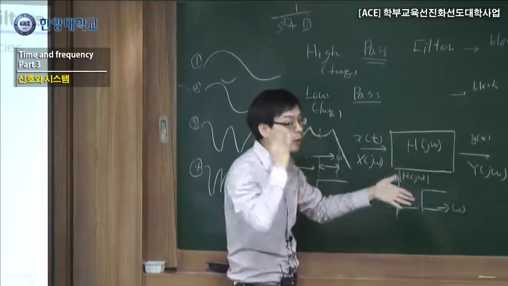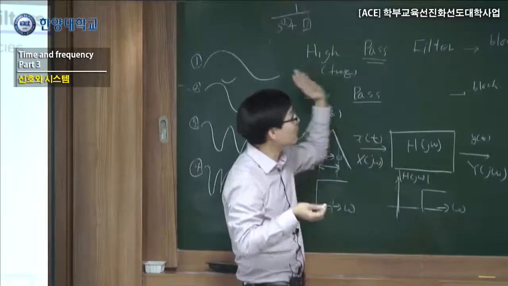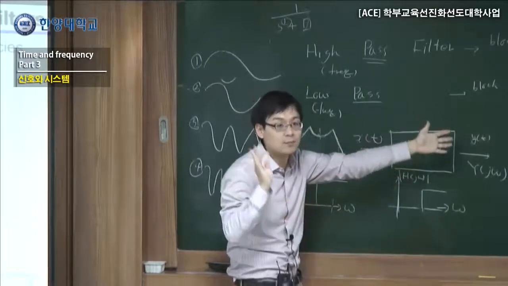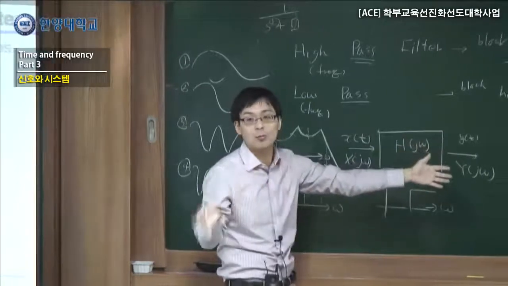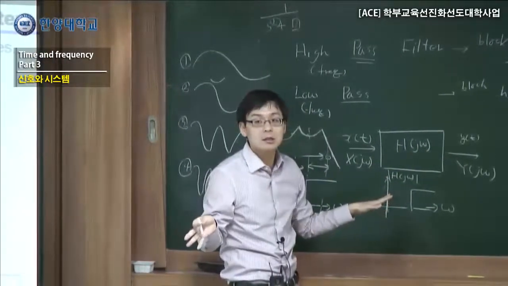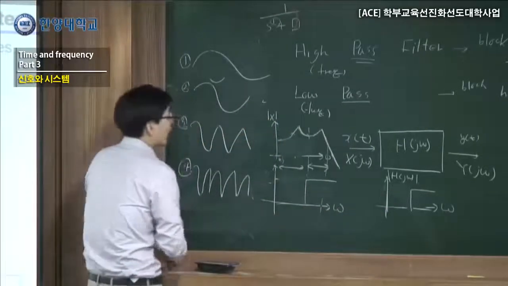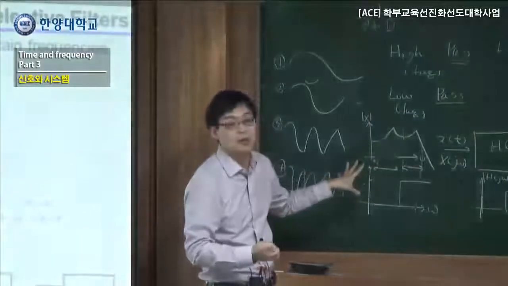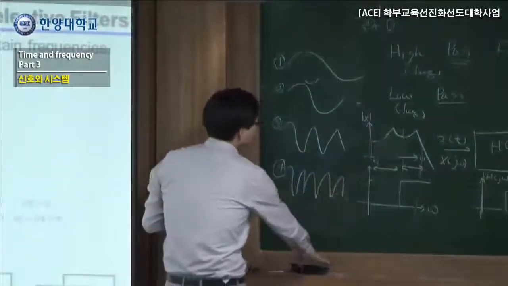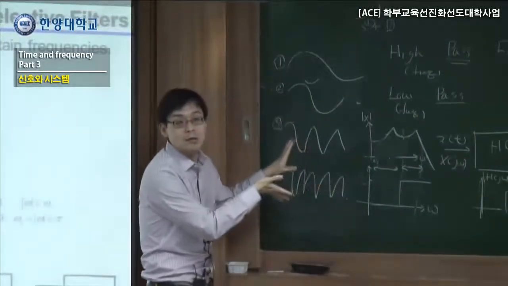In time domain, what you can think is they pass only the fast moving component. The slowly moving component does not pass. That's how we conceptually think about the system over here. Before we move on, any questions?